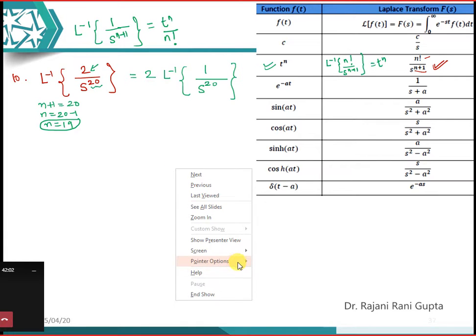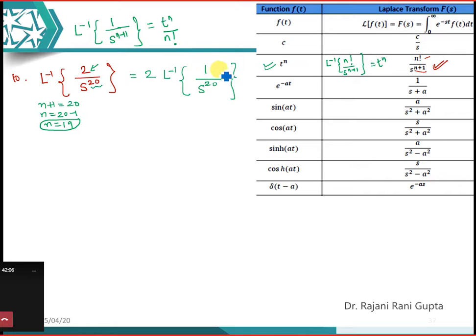Right? Now, as per the requirement, you need here 19 factorial, which is not available. So we multiply by it, and to keep the question unchanged, we divide also by it. So what will happen for this? You have the formula t to the power 19 over 19 factorial.